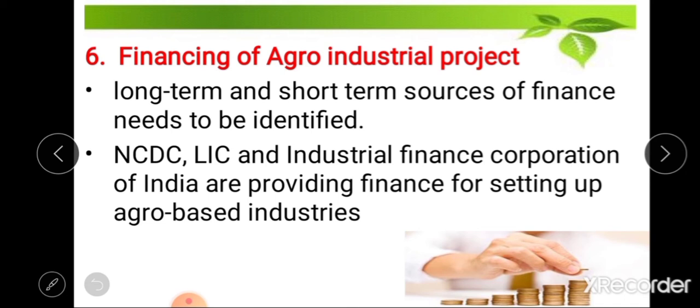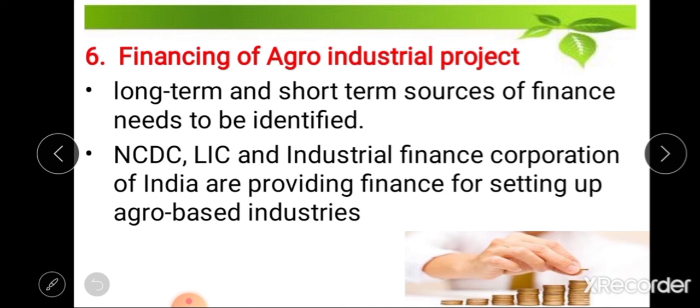And short term loan means a loan repaid within a period of 1.5 years. Okay, this short term loan is also known as crop loan and it can be repaid after harvesting of the crop. So there are different sources which are identified for short term and long term financial needs.